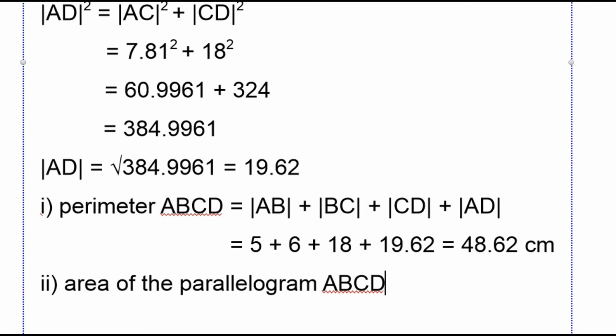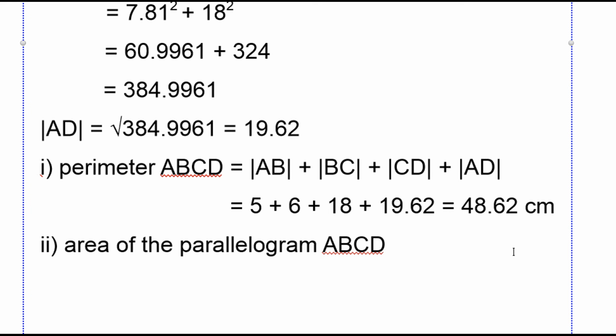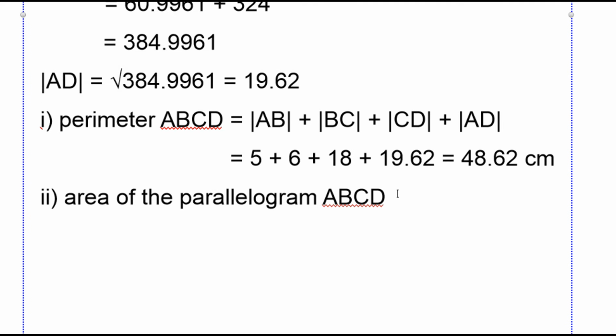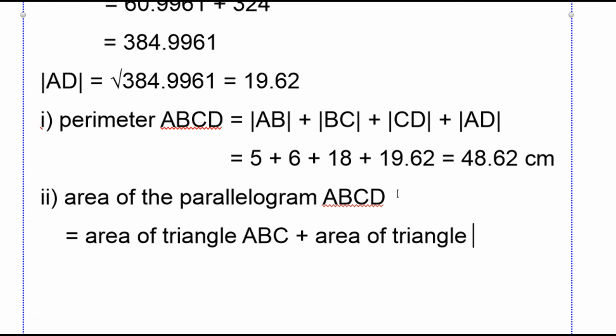Now let's find the area of the parallelogram ABCD. The area of the parallelogram is the area of the two triangles ABC and ACD. So this equals area of triangle ABC plus area of triangle ACD.